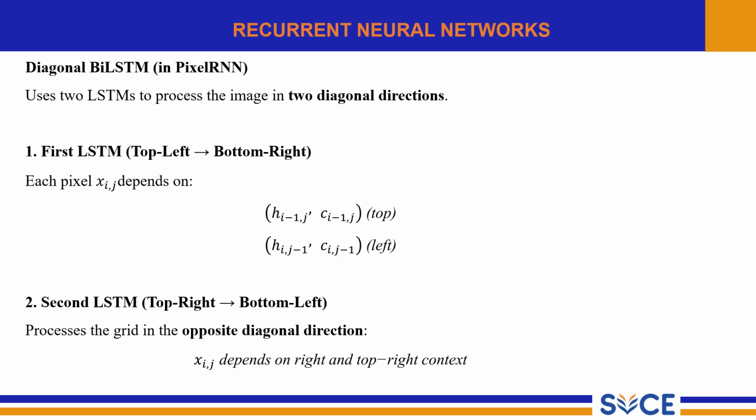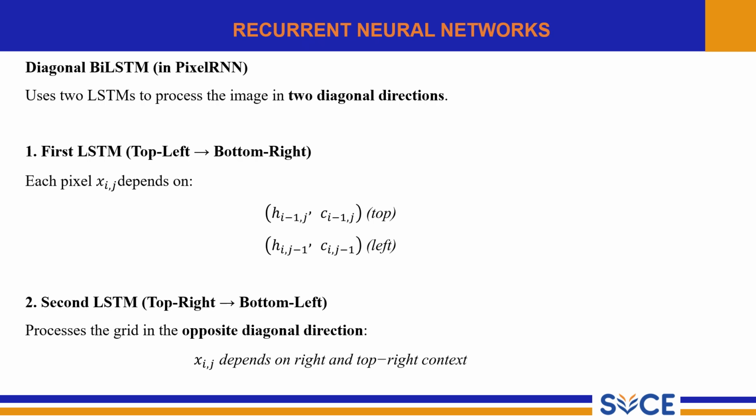The next topic is diagonal bidirectional LSTM. It is used to improve how images are modeled with recurrent neural networks. In standard PixelRNN, we process pixels row by row. However, this approach can sometimes limit how much spatial context the model can capture at each step.